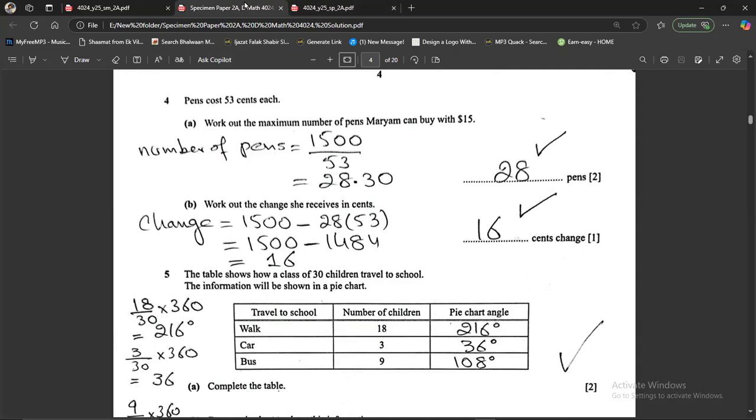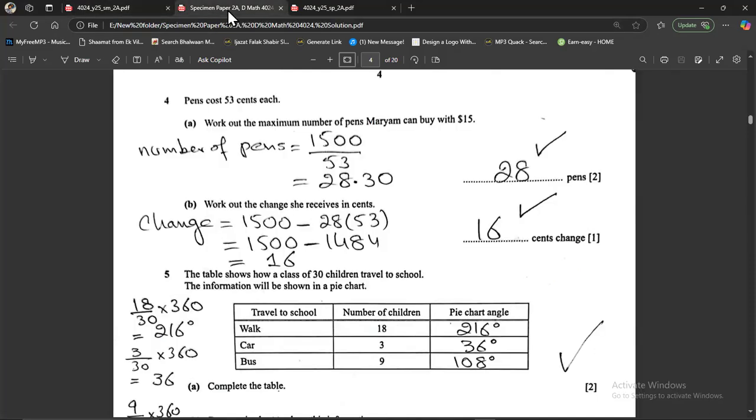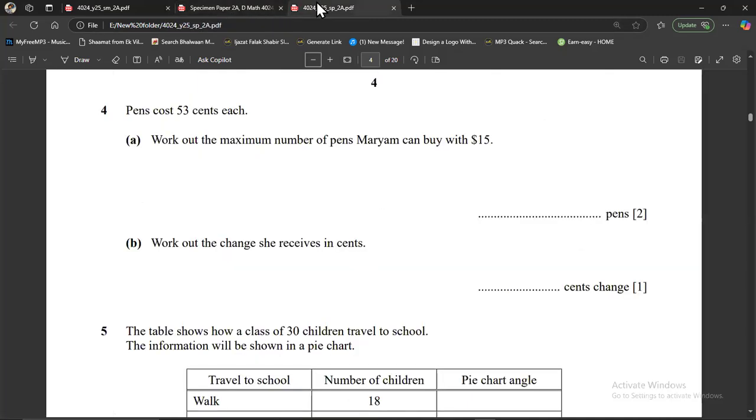From 1,500, subtract the cost of 28 pens: 1,500 minus 1,484, you get 16 cents. So she will get 16 cents in the change.